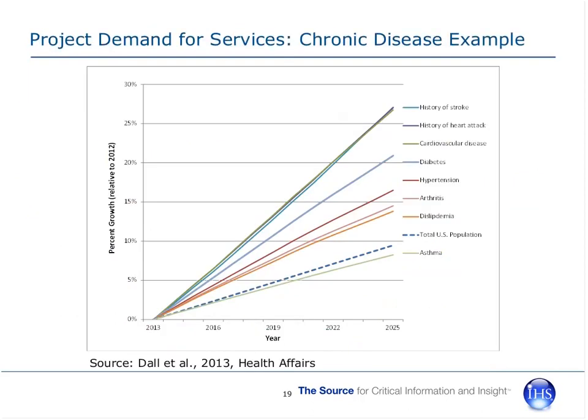I would note that in addition, in large part because of changing demographics, and taking into account the characteristics of the current population, as the population ages, we will see the population with a history of stroke and heart attack growing fairly rapidly, same with cardiovascular disease. The population with asthma is going to be growing more slowly because it tends to be a younger population.